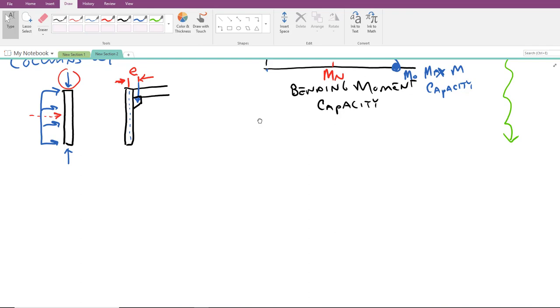So another weird thing about your textbook is the equation is actually in there incorrectly. I've posted the correct form on Learning Suite if you need to see it there, but I'm also going to put it right here in this particular video. So when we look at the compression capacity, we take the actual compression stress, compare it to the allowable compression capacity.